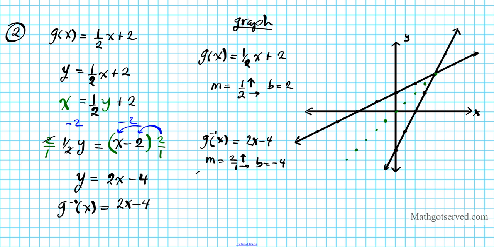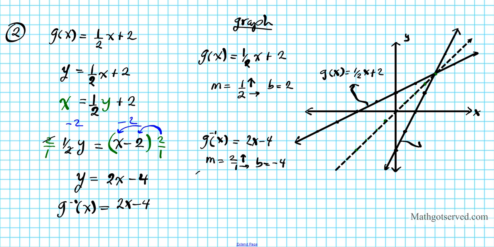Let's go ahead and draw our dotted line right through there. This is just a mirror line, y equals x. That's exactly what we want. Now let's label our graphs, and that will be that. The line that we drew first is the function g of x equals 1/2 x plus 2.